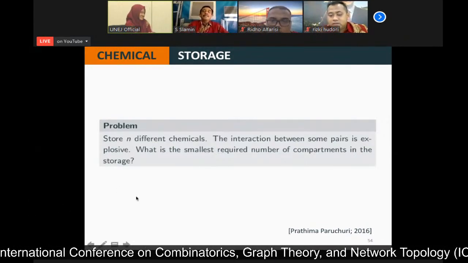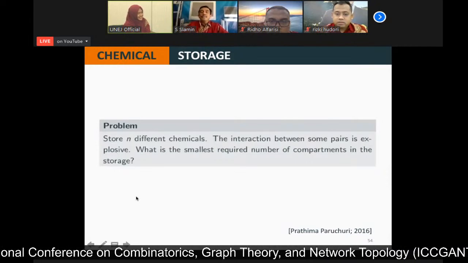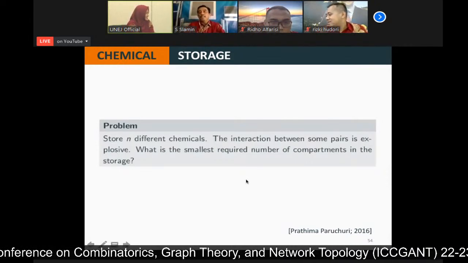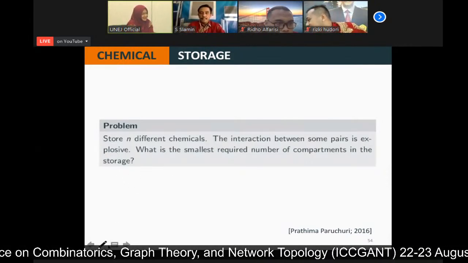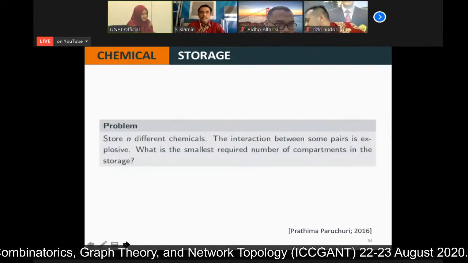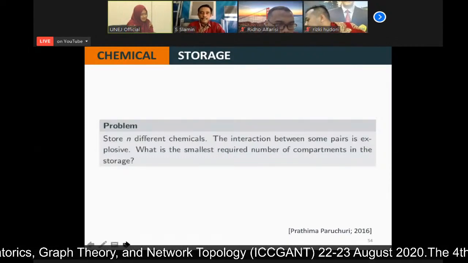So the question is, what is the smallest required number of compartments in the storage to store the n different chemicals?